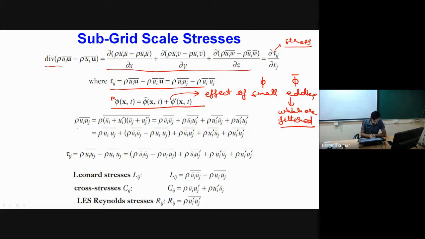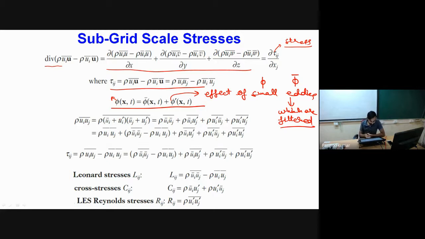Now you can see over here in this rho ui uj bar, I have done the substitution in the form of u bar plus u dash, because u is something which I can write as u bar plus u dash. So u bar represents the effect of large eddies and mean flow, and u dash is our smaller eddies which we have filtered out.